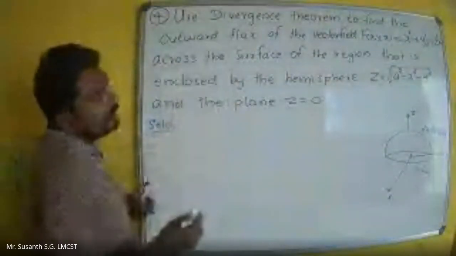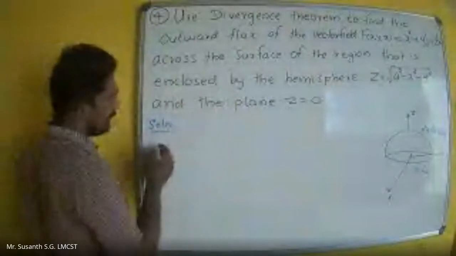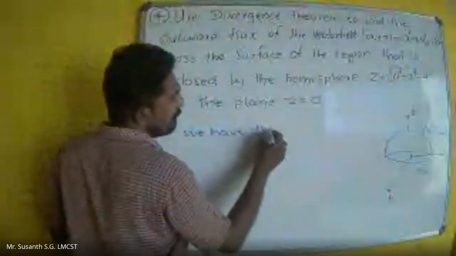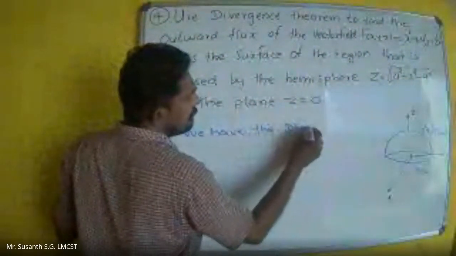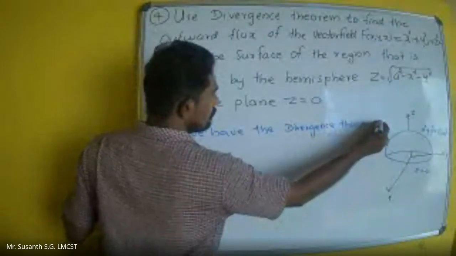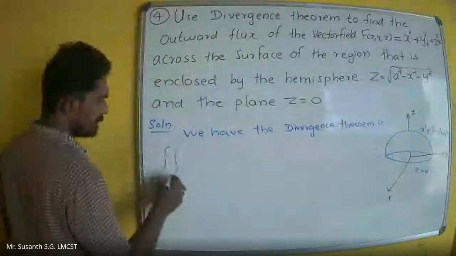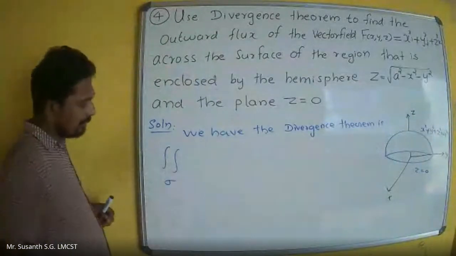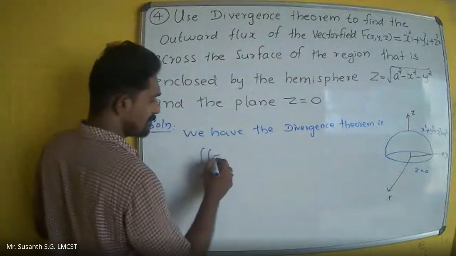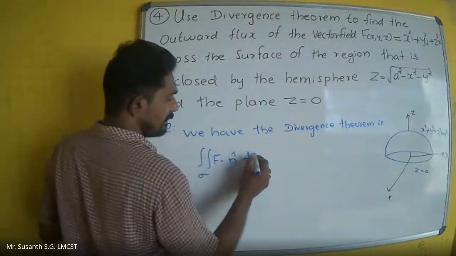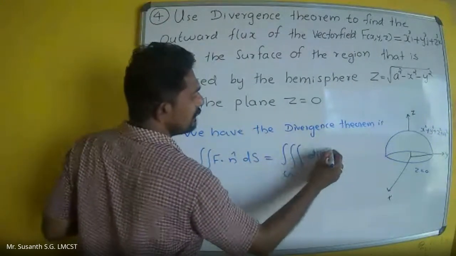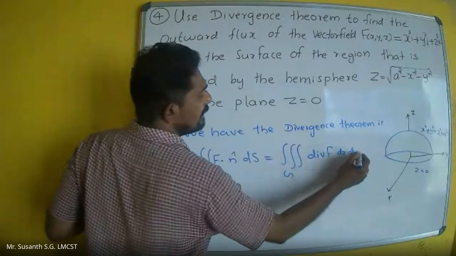Here we want to find this using the divergence theorem. So the divergence theorem is: the double integral over sigma of F · n ds is equal to the triple integral over G of div F dz dy dx.